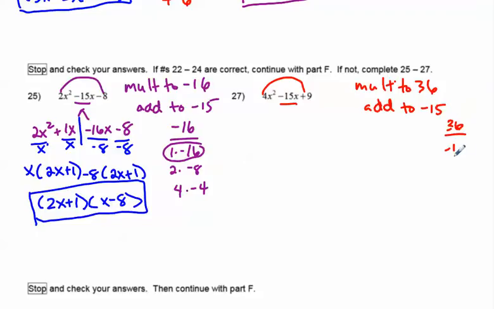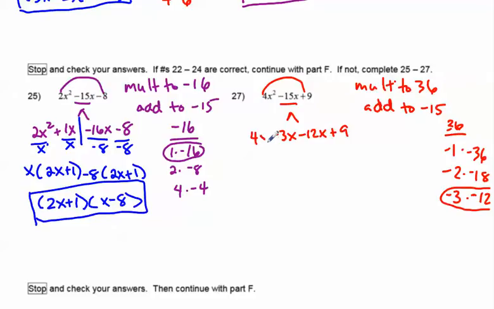Could be negative 1 times negative 36, negative 2 times negative 18, negative 3 times negative 12, and I think I found the pair right here. This pair adds to negative 15. So break the negative 15 into two pieces, negative 3x minus 12x. Bring down the plus 9, and bring down the 4x squared.